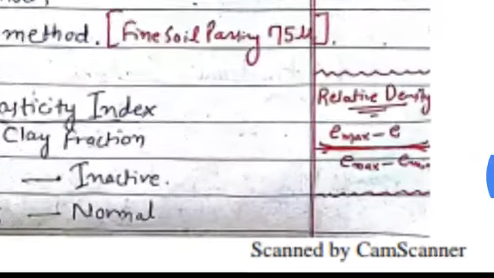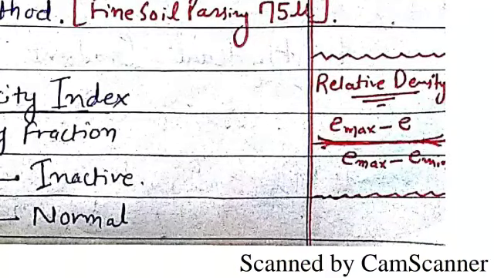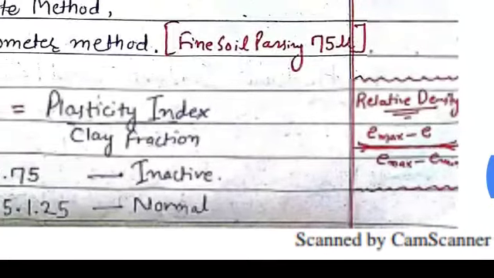And one more important term, relative density, most important topic. Relative density is equal to void ratio maximum, e maximum minus e, that is void ratio, upon e maximum minus e minimum. Very important to remember.